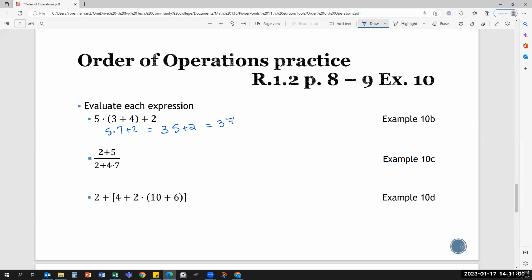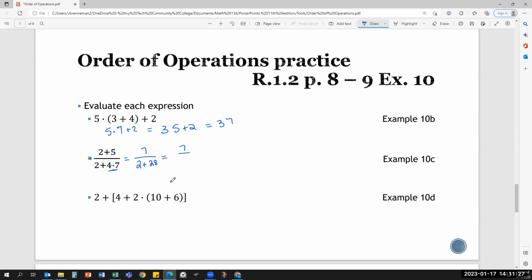2 plus 5 over 2 plus 4 times 7. So the strongest grouping is the 2 plus 5 being grouped on top, and the bottom, so those are top and bottom grouping symbols. 2 plus 5 is 7. Then within the 2 plus 4 times 7, the 4 times 7 is a stronger grouping that happens first. 2 plus 28.